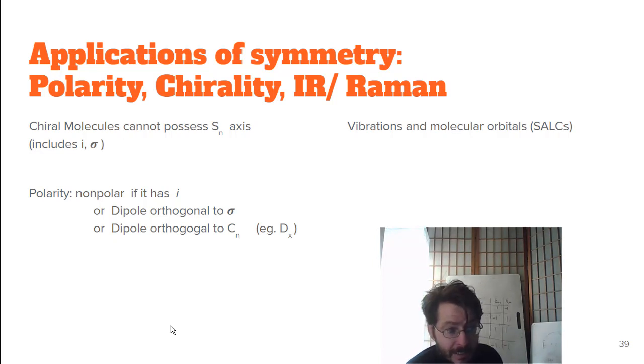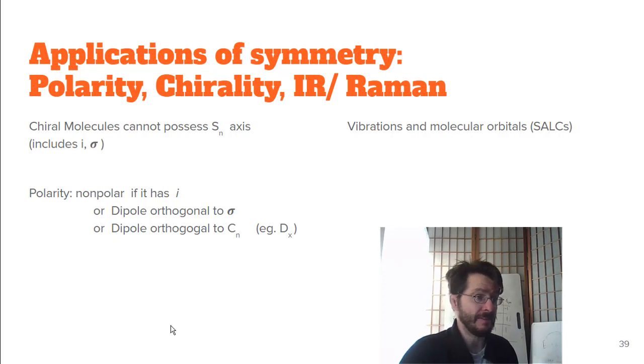Polarity, again: whenever there's a dipole in the molecule, if it's non-polar, the material can't be polar if it has an inversion center, a mirror plane when the dipole is orthogonal to it, or a rotation axis.